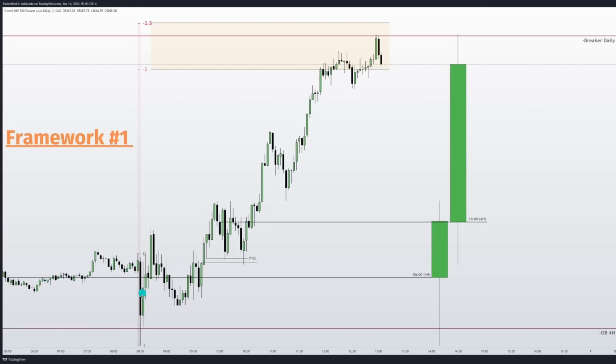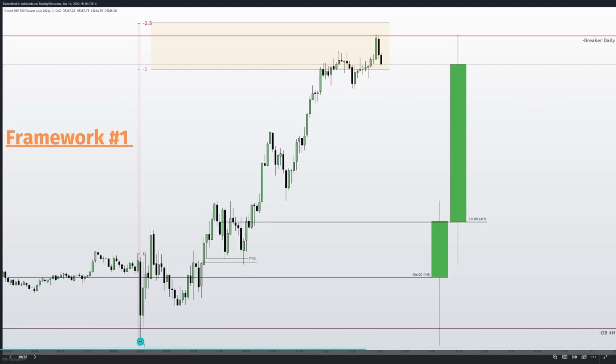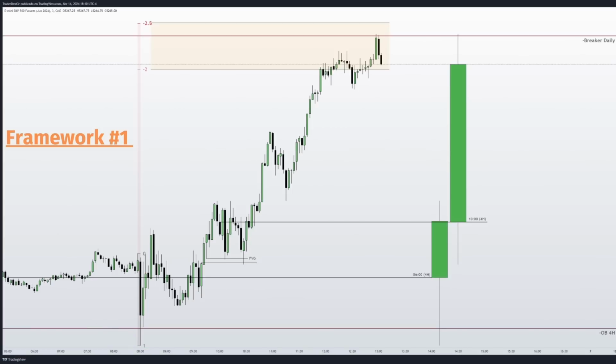Price moves fast to bearish and reacts to one higher time frame PD array, the same time frame or higher. In this case it is one bullish order block on the 4 hour, and these two candles are power of 3s. It's the 4 hour candle, so it's the same time frame.